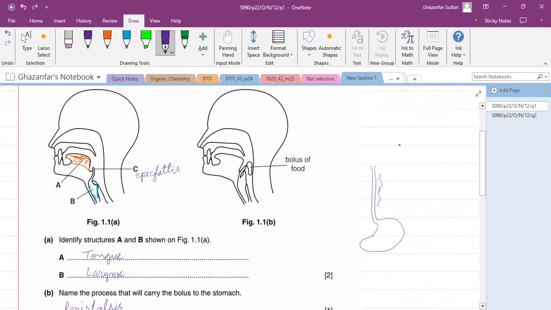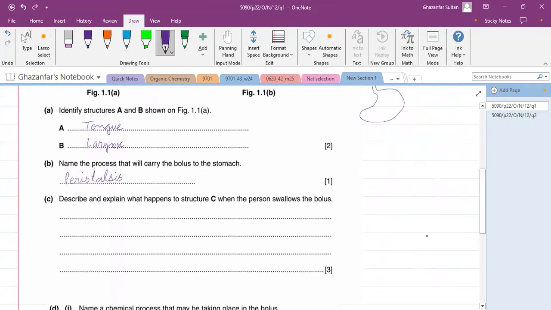So you can see in diagram 1.1 that it moves down to close this windpipe. Okay, so that food cannot enter into the trachea, into the windpipe.